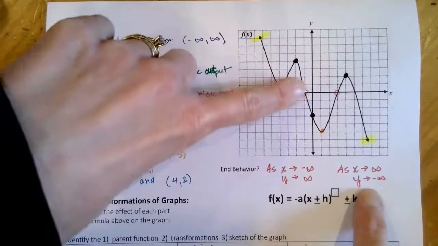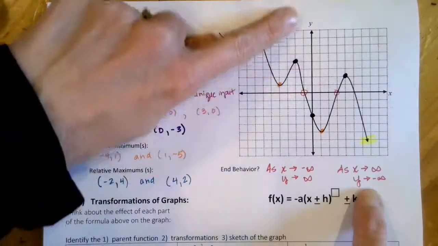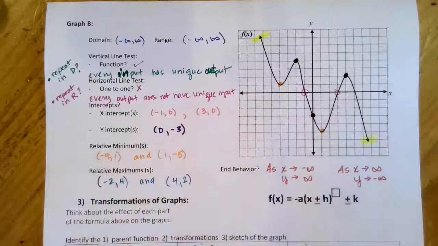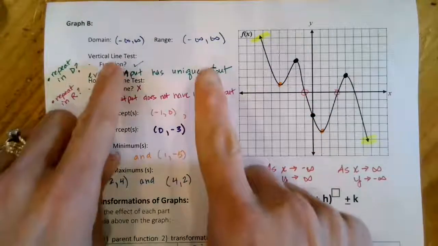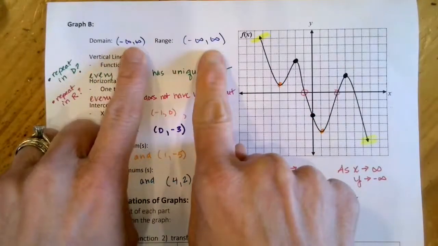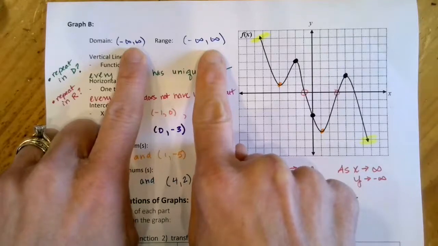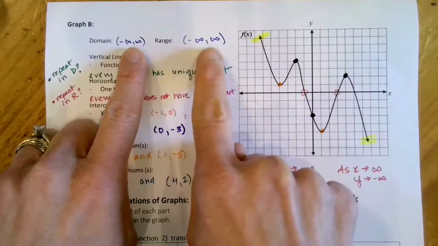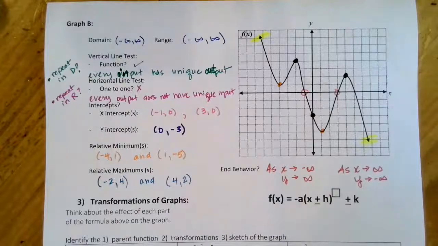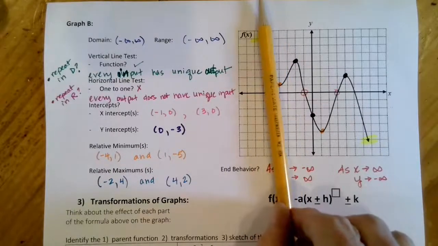My y's are going to continue on forever and ever in a positive and forever in a negative sense. So I show that by using my interval notation, recognizing that everything from negative infinity to positive infinity could be a possible outcome.